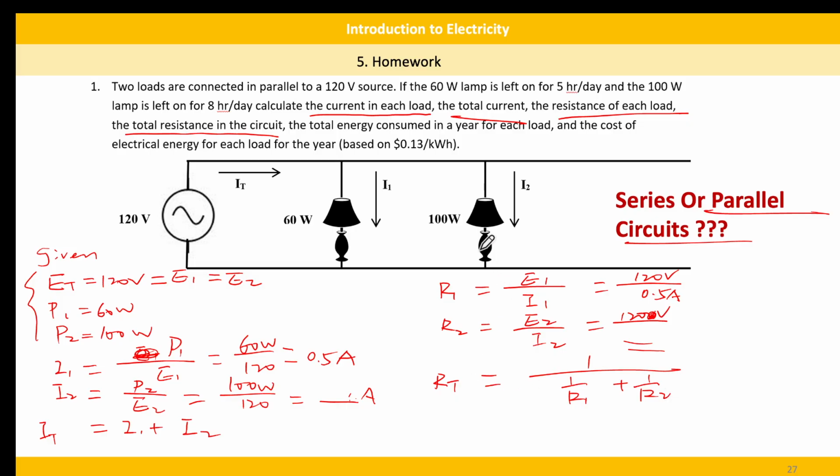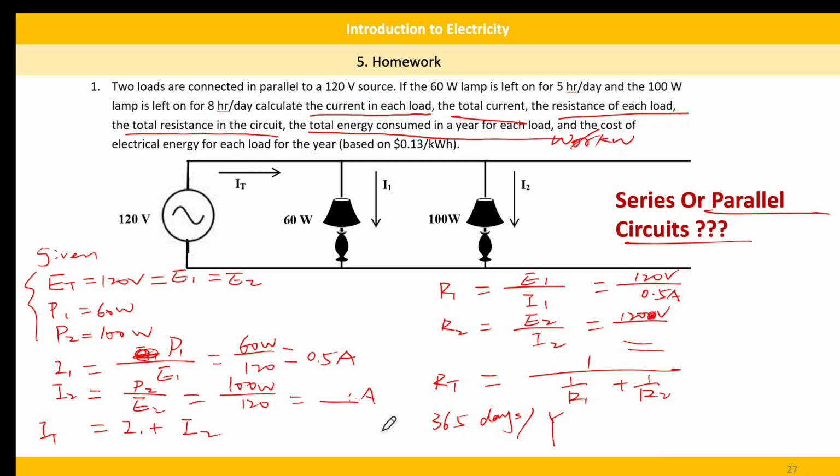And then total energy consumed in a year by each load. So you have to calculate in watts or kilowatts. So how to do that? Like we know the first lamp is used 5 hours per day, 365 days per year.